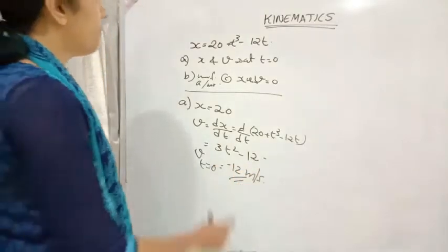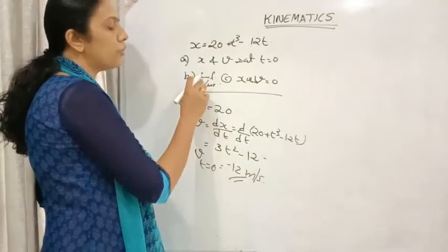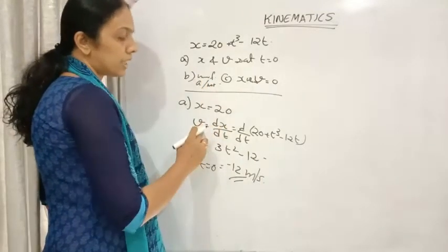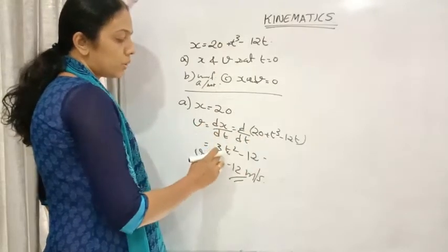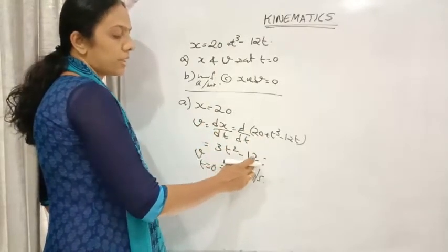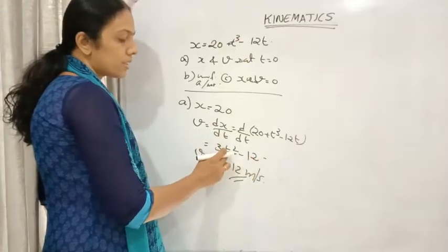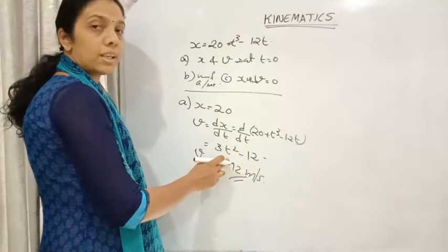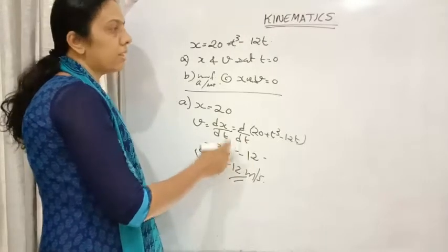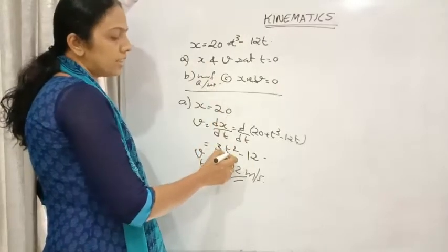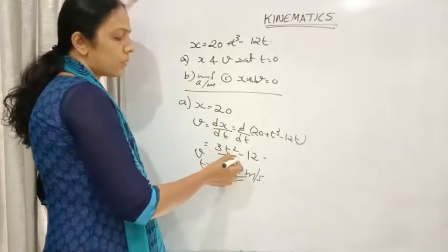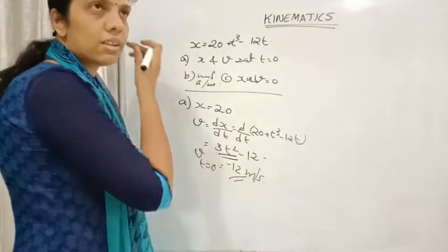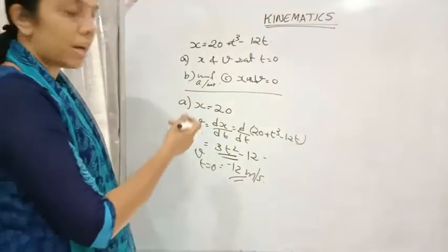Then, whether this is uniform acceleration or not. Is velocity changing with respect to time? We got v equals 3t square minus 12, a term which depends on time, so velocity is continuously changing with respect to time. Looking at this equation, is it straight line motion or parabolic motion?